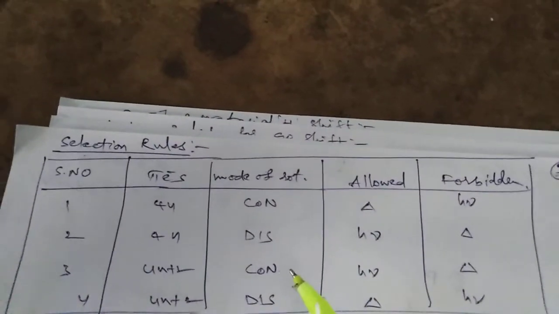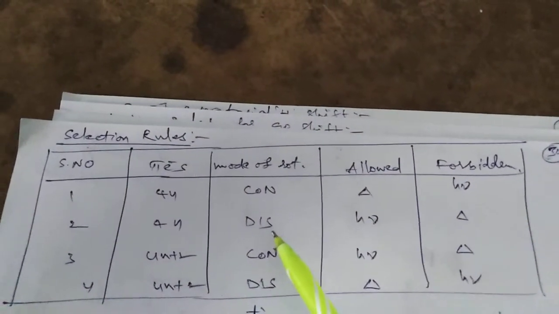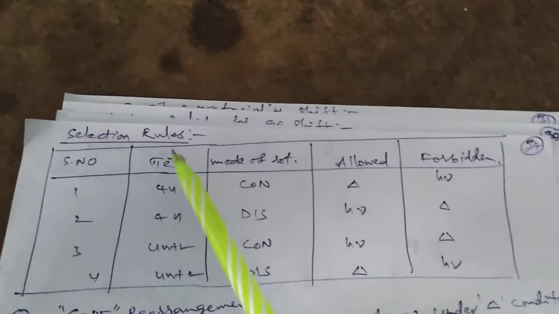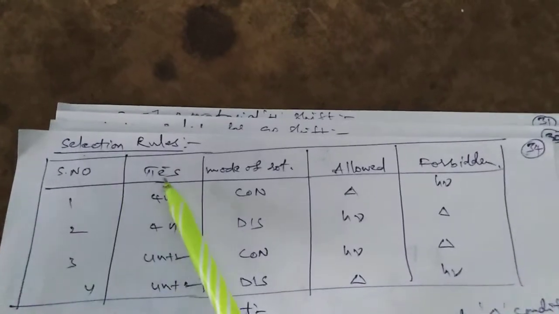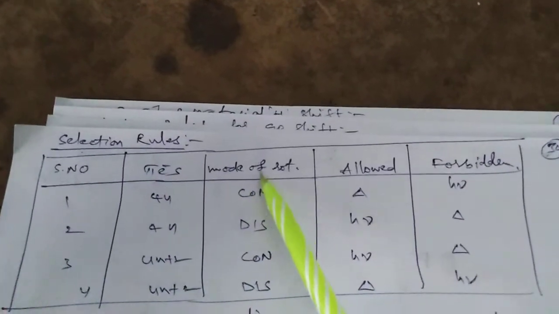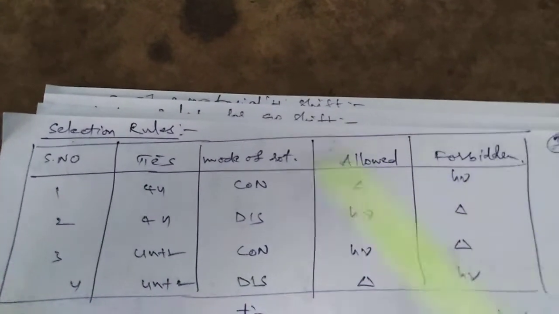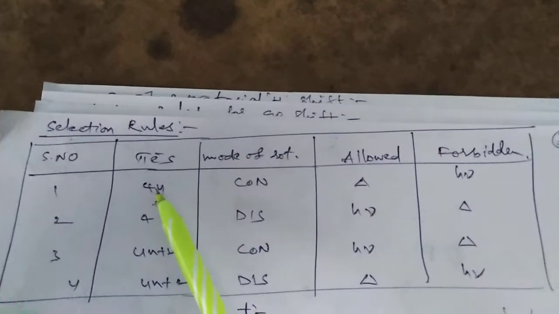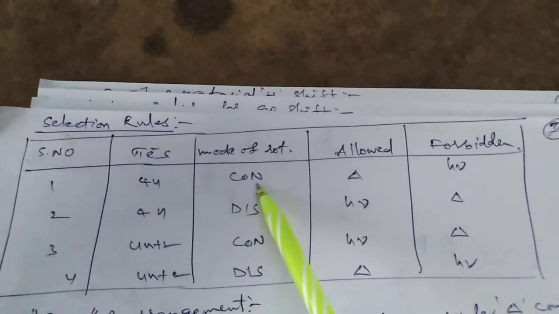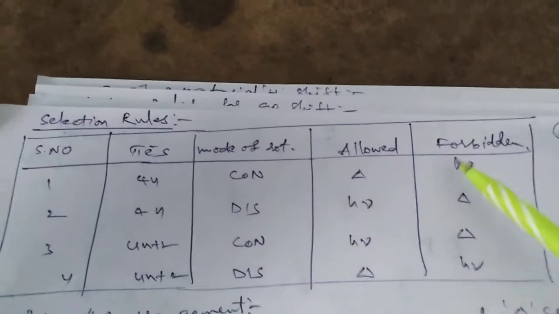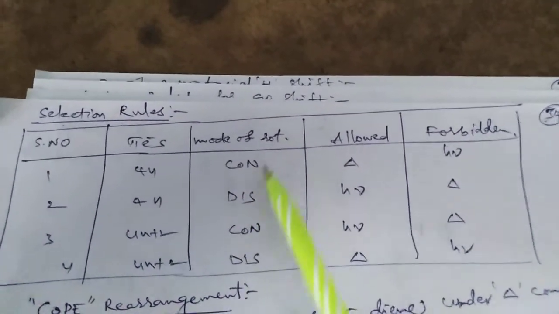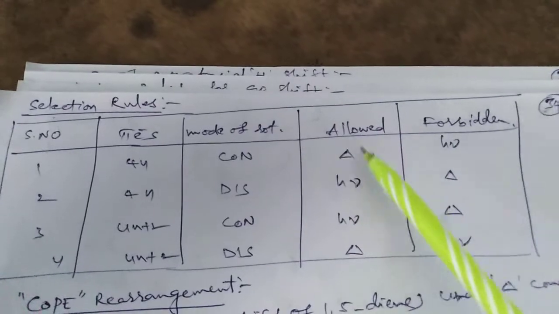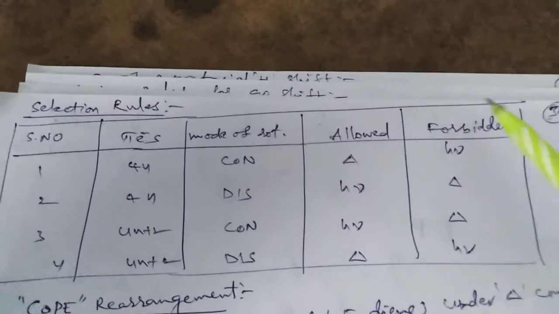From the above data, we can state the selection rules for the 4n and 4n plus 2 systems for the sigmatropic reaction: number of pi electrons, mode of rotation, allowed and forbidden. First, the 4n system with conrotatory mode: thermally allowed, photochemically forbidden. The same number of electrons with disrotatory mode: photochemically allowed, thermally forbidden.